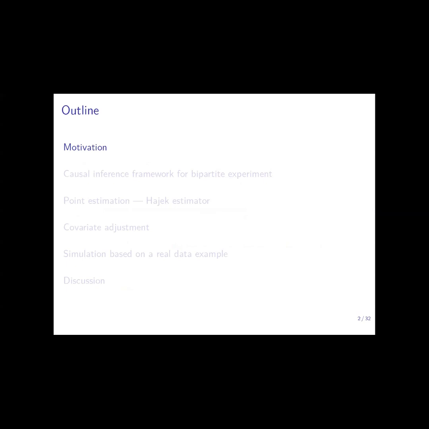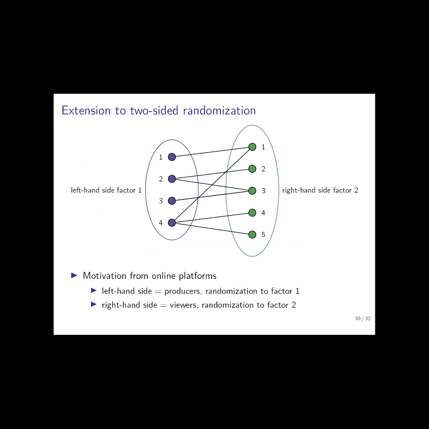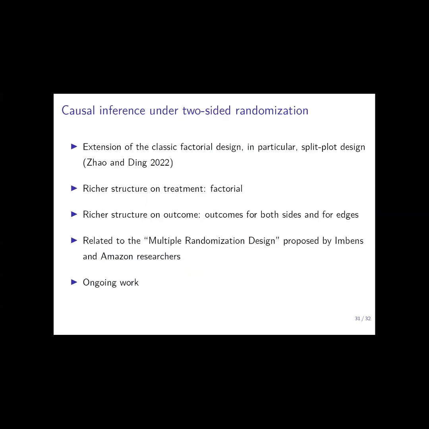We view this as an extension of split plot experiment to the bipartite world. If you agree that bipartite, with randomization on one side, is an extension of cluster randomization, then you are okay with this analog of split plot. But I think it's a very non-trivial extension. A lot of rich research questions going on.